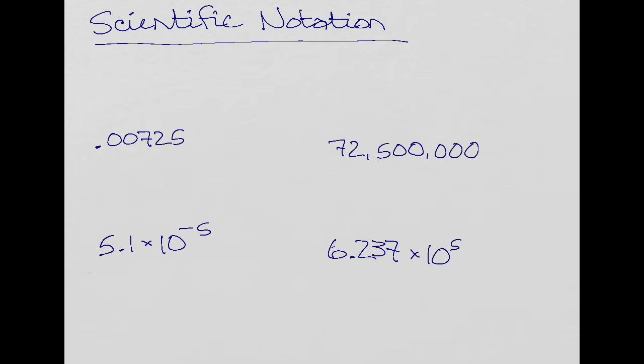A number in scientific notation looks like some number times 10 to a power. This number out in front, A, is between 1 and 10. Never smaller than 1, never bigger than 10.